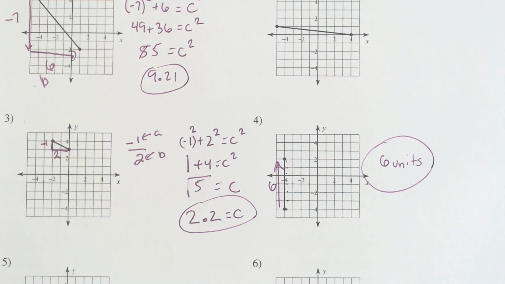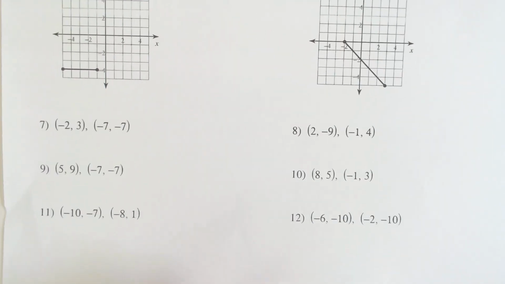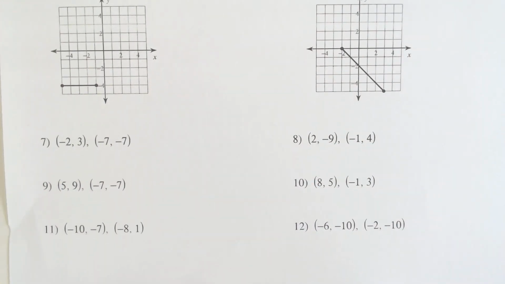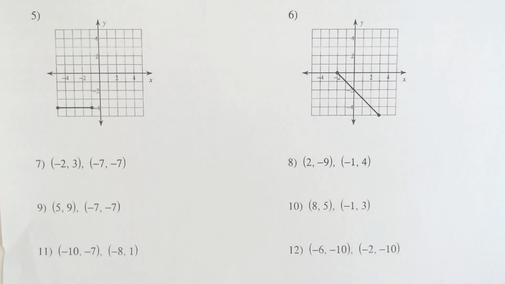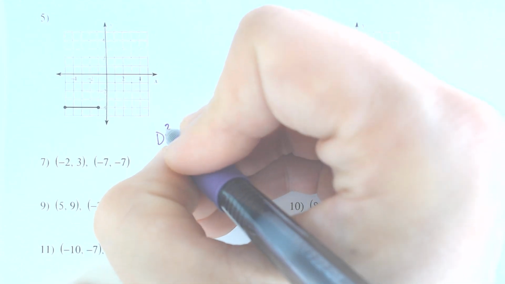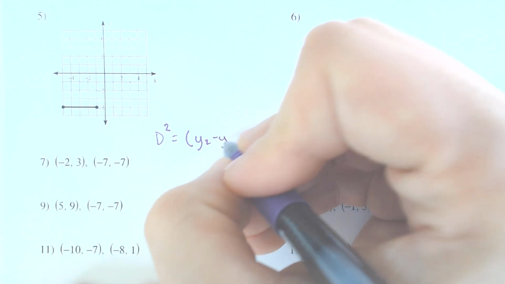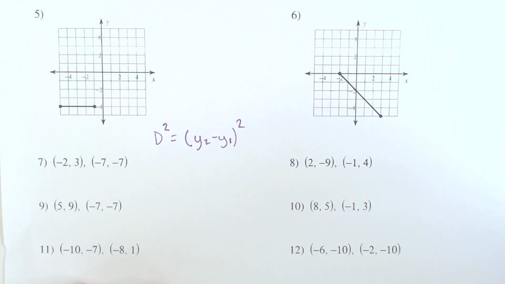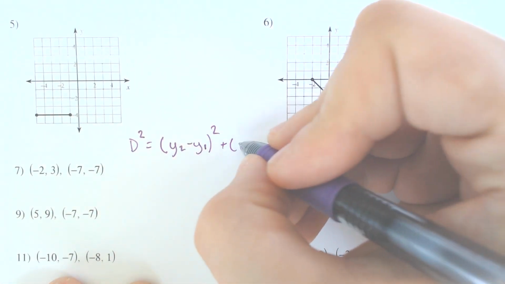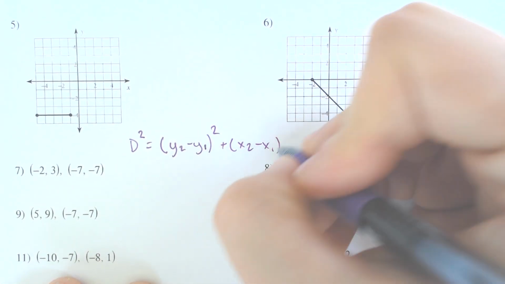All right. Now, what happens if you have 2 points? If you have 2 points, we're going to do this 2 different ways. We're going to do it with the Pythagorean theorem, the way I have been showing you. But you should know that the distance formula is equal to your change in y's, y2 minus y1 squared, plus your change in x's, x2 minus x1 squared.